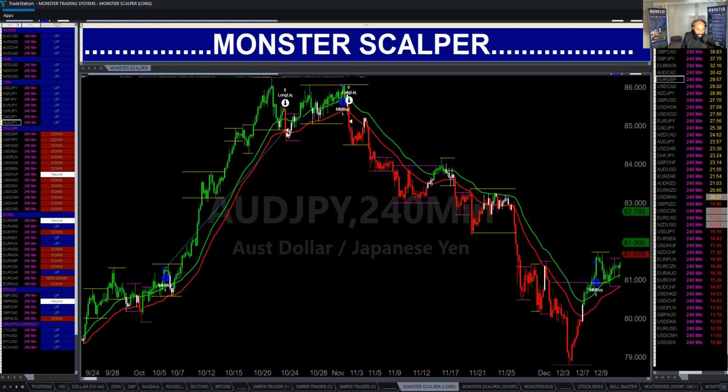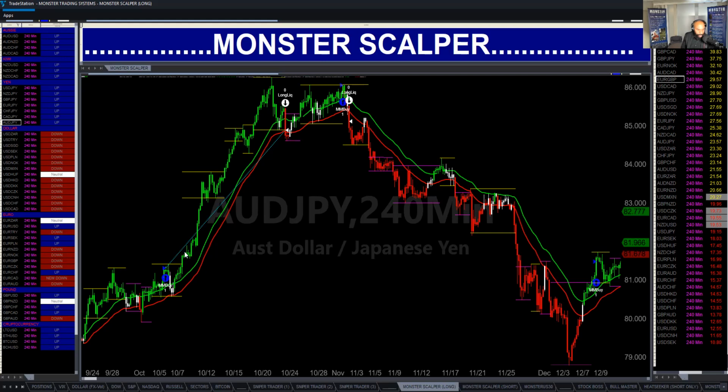Then when we get a sell signal like this, you just close all your positions. You can play around with this, but we want to be careful. This is a hard sell. When price breaks support right here, this is a hard sell. We've got to get out.